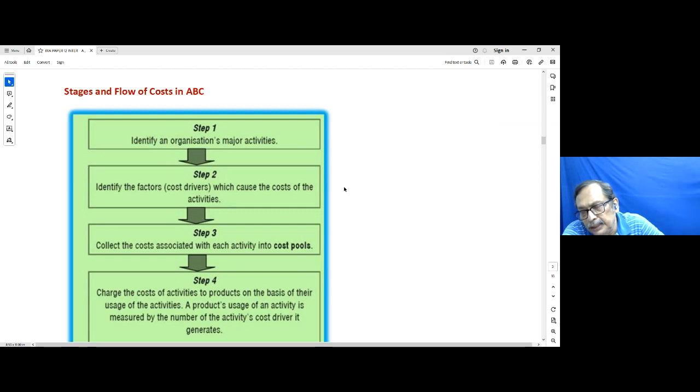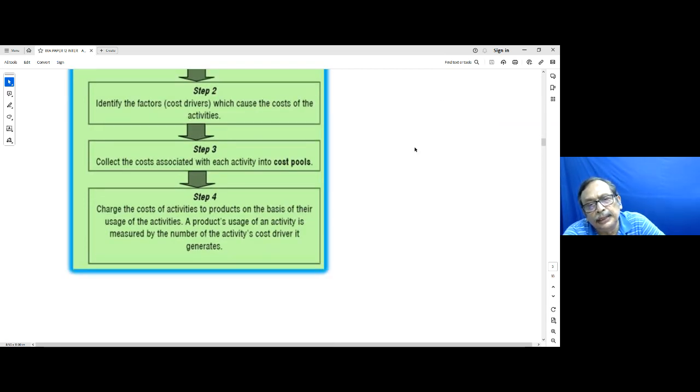Once the major activities are identified, keeping in mind the value added activities, we go to step 2, that is identify the factors, that is cost drivers, which cause the cost of the activities. Step 3, collect the cost associated with each activity into cost pools. Then step 4, charge the cost of activities to products on the basis of their usage of the activities.